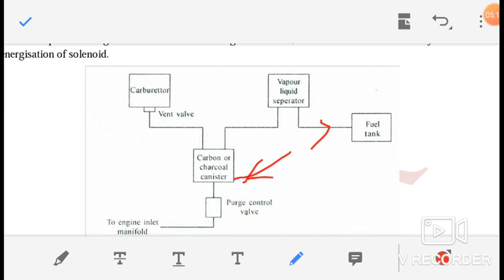Whatever fuel vapor is formed or produced inside the fuel tank and the carburetor flows towards the carbon or charcoal canister, and that fuel vapor will be absorbed by the activated charcoal and stored inside this device, the carbon or charcoal canister.